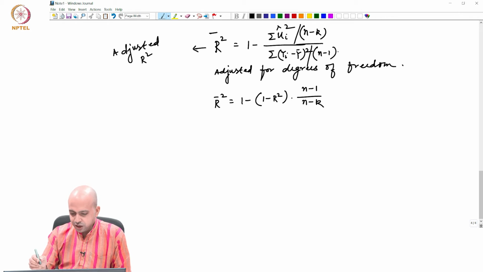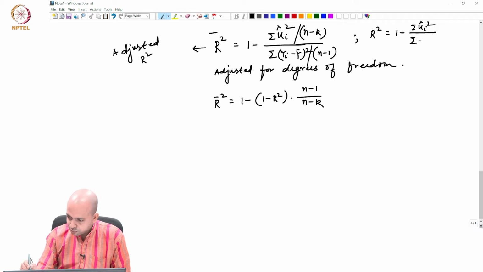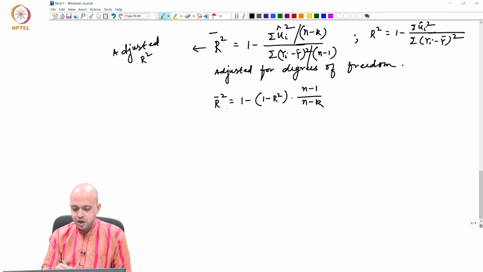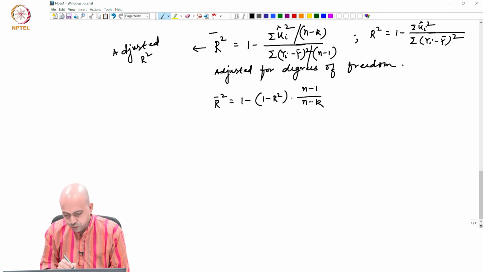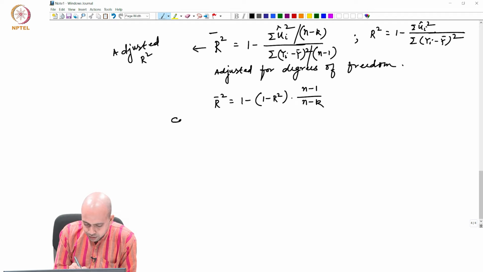Because R square equals 1 minus sum of ui hat square divided by summation yi minus y bar whole square, if you put this in, you get R bar square equals 1 minus this entire thing, which becomes 1 minus R square, and this becomes n minus 1 by n minus k. From this relationship we can understand two different cases.